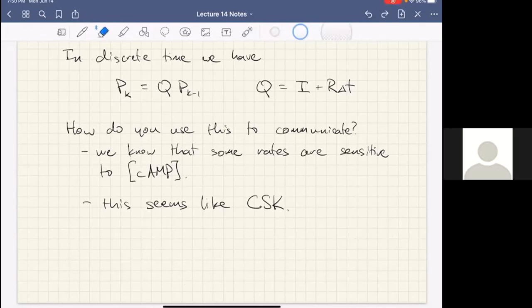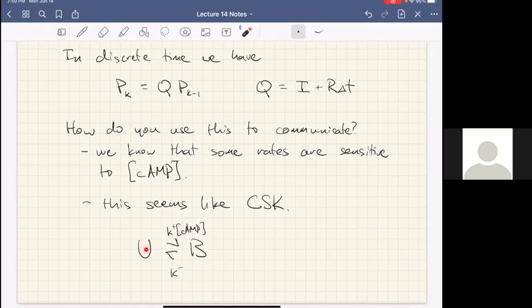So the chemical reaction we're looking at here, remember, it looks like this, where this forward reaction is a function of the concentration of cAMP. The backwards reaction is not. So if you think about what's going on, suppose the concentration of cAMP is very low.